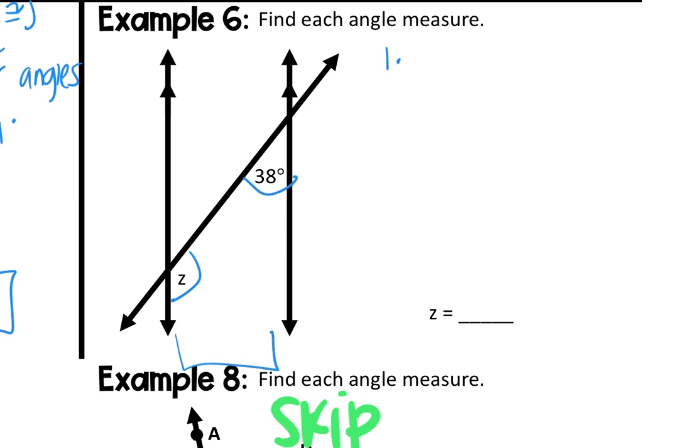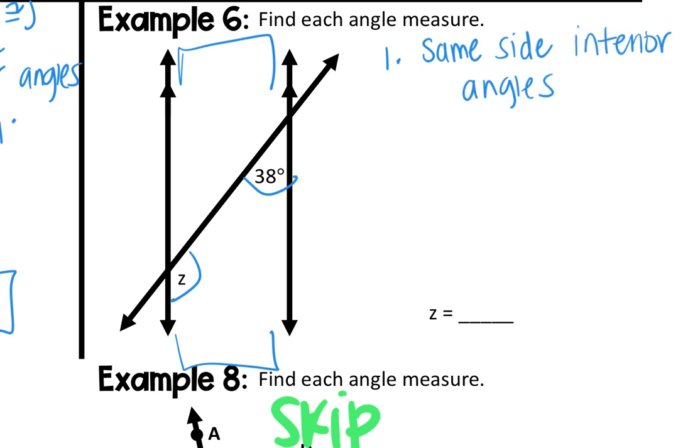They are on the inside of the parallel lines, so they're interior. They are on the same side of the transversal, both to the right of the transversal. So I can say this is same side interior angles.